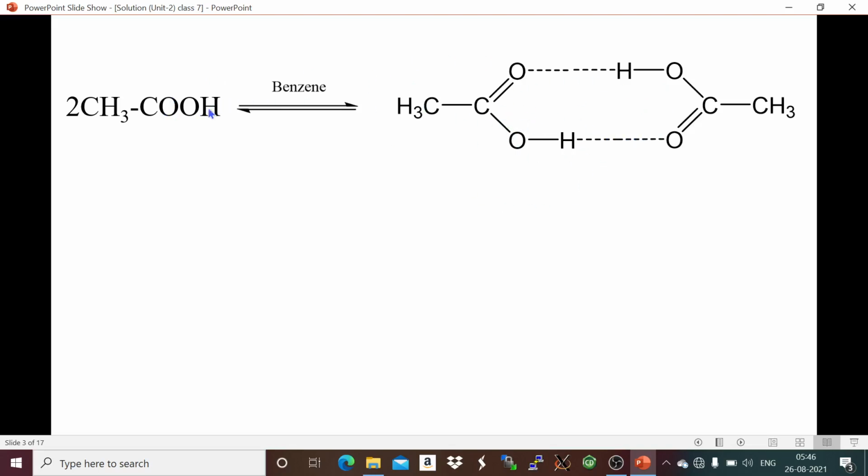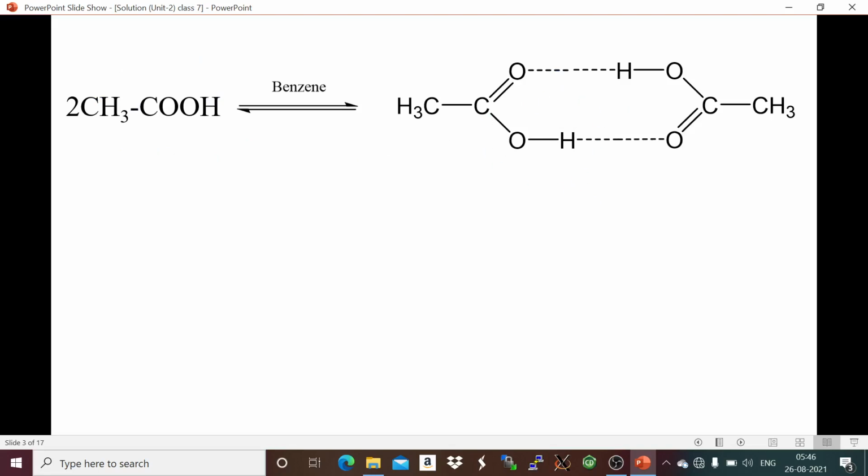The molar mass of acetic acid or ethanoic acid in solution, as two molecules form a dimer, becomes double the expected value due to dimerization.